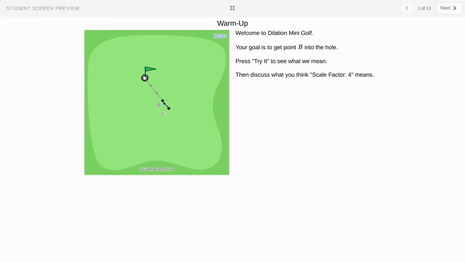Well, notice that point B is right here, or whatever that length is. And then when we hit, we end up with 1, 2, 3, 4 line segments instead of just one. So think about, we took one line segment and we multiplied it by 4 to get the ball to the hole.